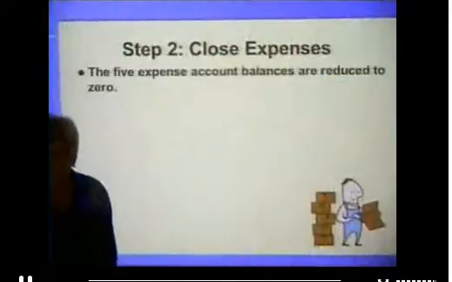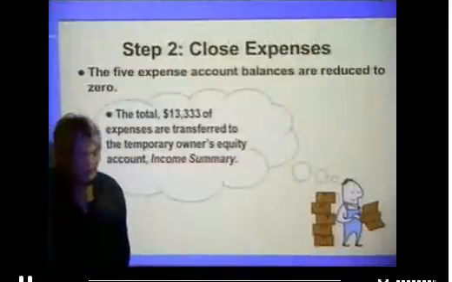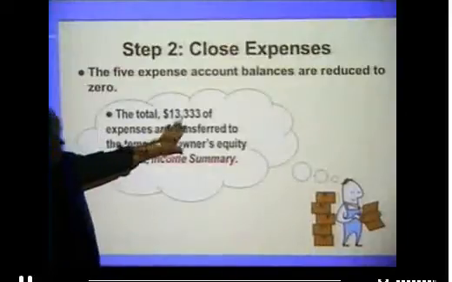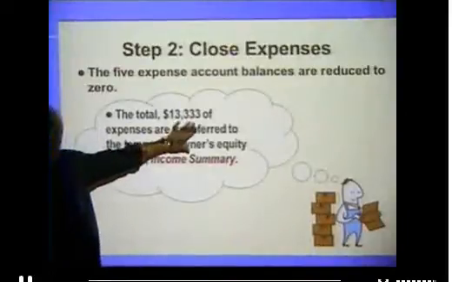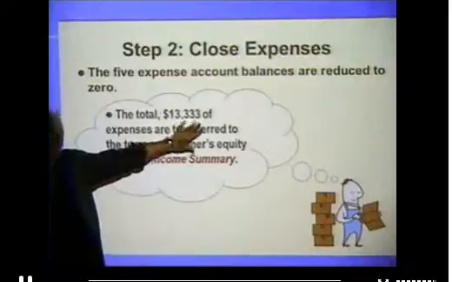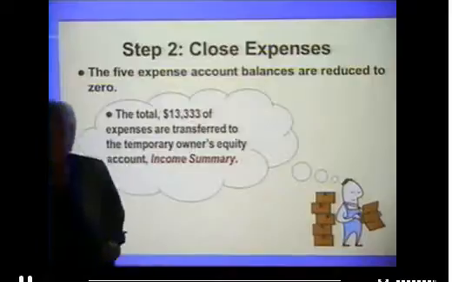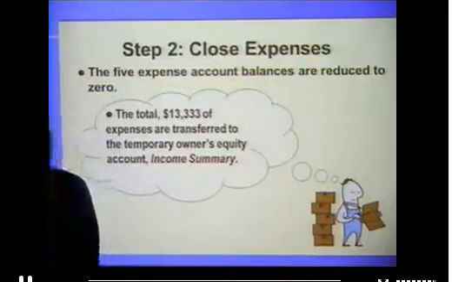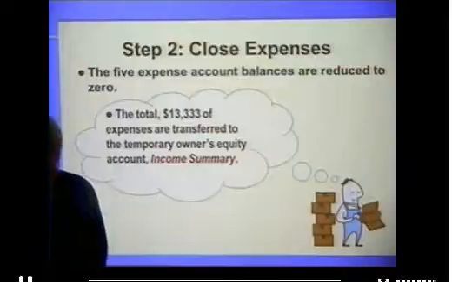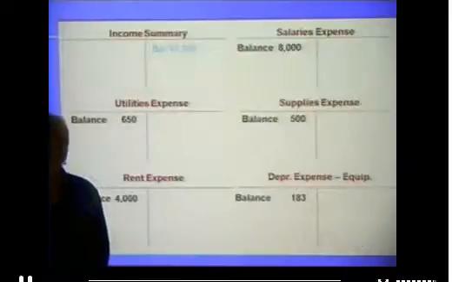Then we do the same thing. We look at our worksheet and see that we had a total of $13,333 in expenses. We had already added it up. So that's what's going to be debited to the income summary account, and you're going to credit each one of those accounts so that you can zero them out, right? There they are.